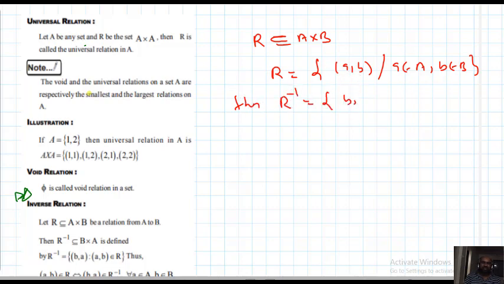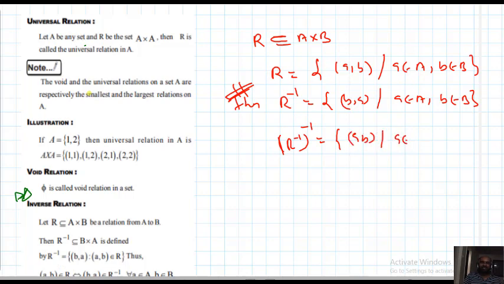Just interchange to (b, a) such that a still belongs to A only, b belongs to B only. This relation is called inverse of R. Again find its inverse, R inverse whole inverse. What happened? We will get (a, b) such that a belongs to A, b belongs to B. What is the meaning of that? R inverse, whole inverse is nothing but R.